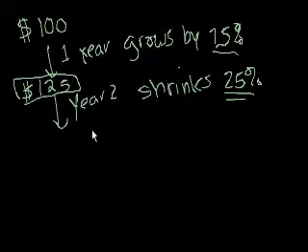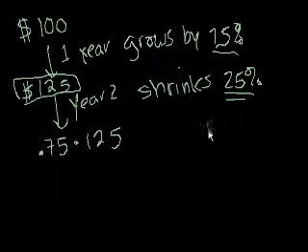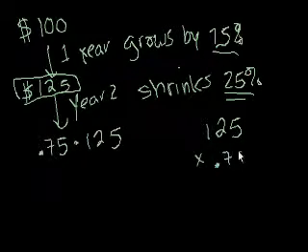So if something shrinks by 25%, that means it's just going to be 0.75 or 75% of what it was before, right? 1 minus 25%. 0.75 times 125. So let's work that out here. 125 times 0.75. And just in case you're confused, if something shrinks by 25%, it is now 75% of its original value.